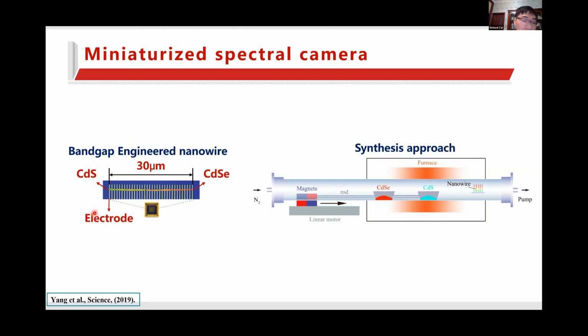If we make electrodes along this line, and each 2 electrodes constitute a detector, then the nanowire itself is a detector array, but the response to the light is different. If you shine light on this nanowire, you get a set of signals, and that can be formulated into a linear equation system.